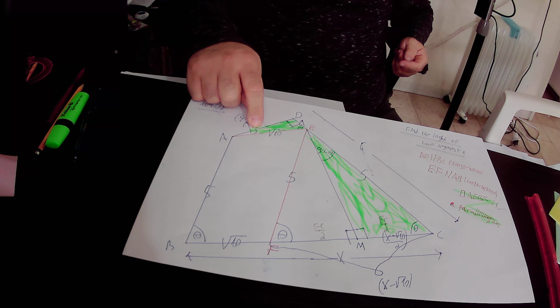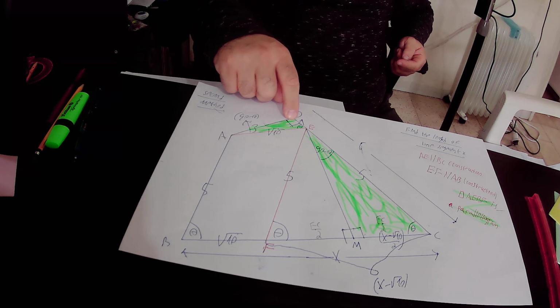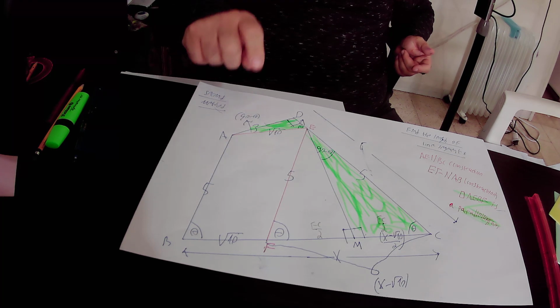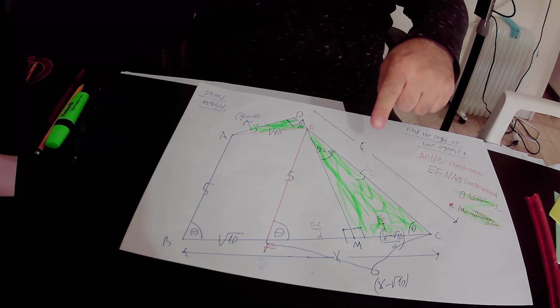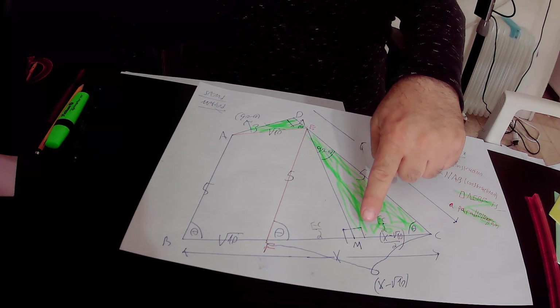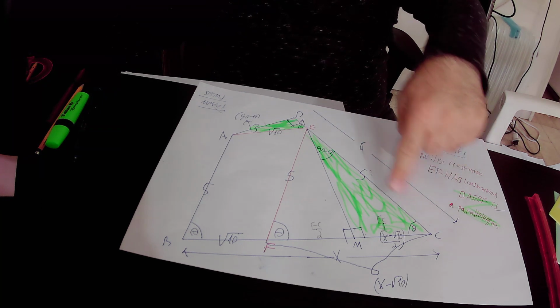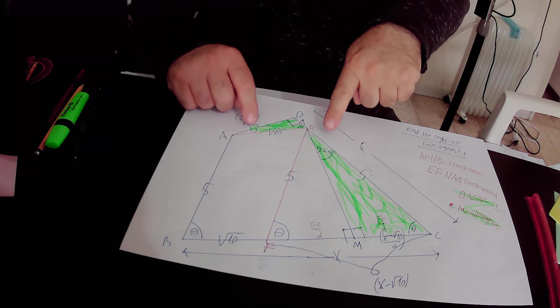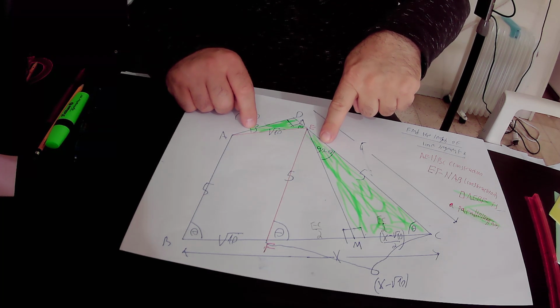In this right triangle, one angle equals 90 degrees and another equals theta, so this angle must equal 90 degrees minus theta. Likewise, in the other right triangle, this angle must also equal 90 degrees minus theta. So those two angles are also equal to each other.